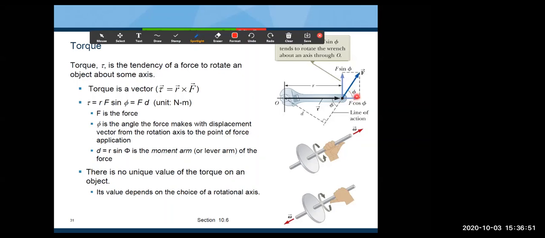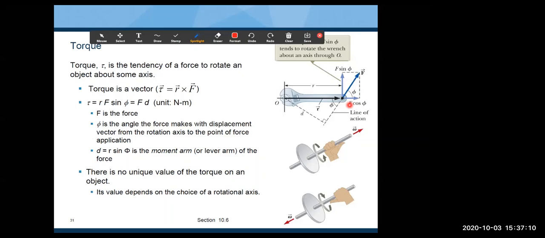If the angle phi is 0 or 180 degrees, that means the force is parallel or anti-parallel to the r vector, and it would not contribute to the turning effect.